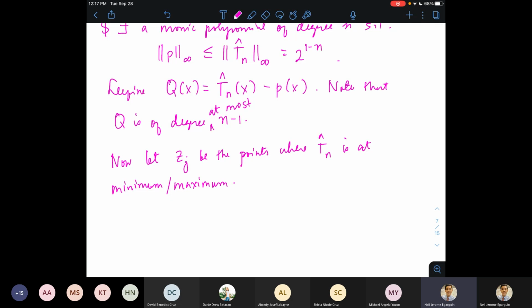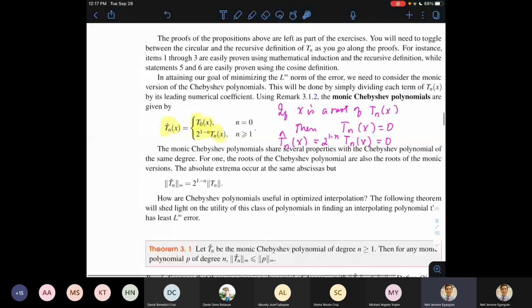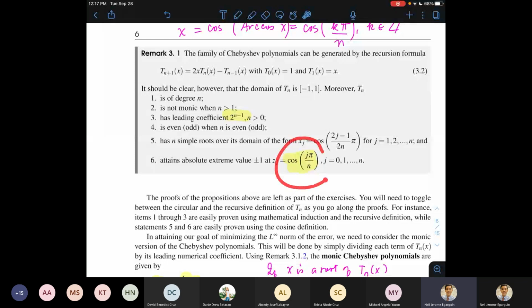So yung mga c sub j, sila yung mga values on the interval negative 1 to 1 kung kailan na-attain ni T hat yung kanyang maximum or minimum value. Though alam na natin siya kanina, dun sa Remark 3.1, alam po na siya ay nangyayari dito, sa cosine j pi over n, j going from 0 to n.